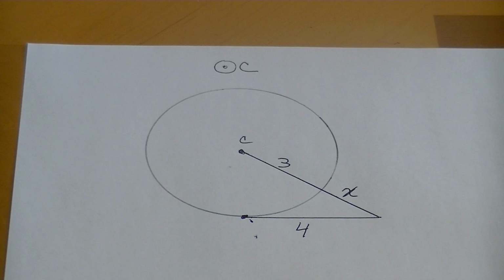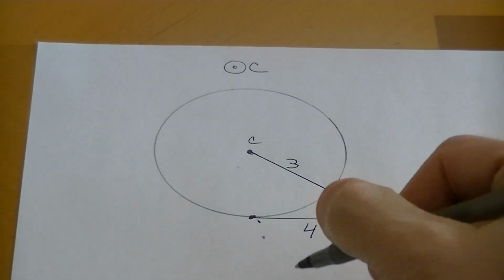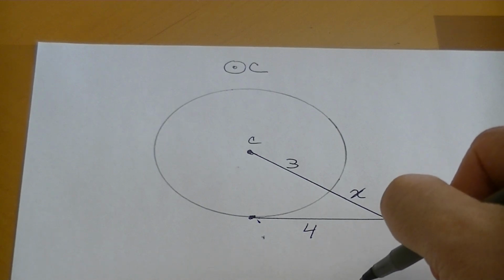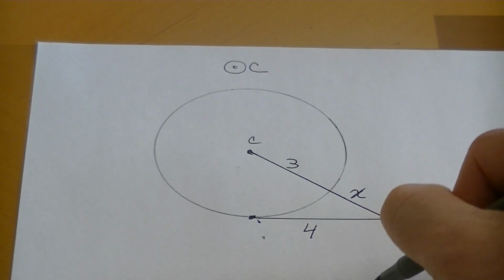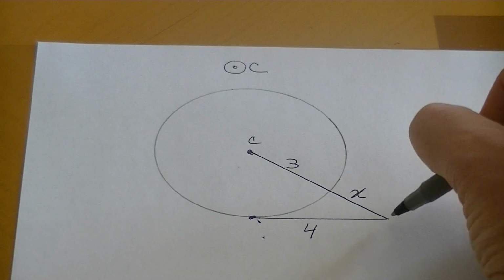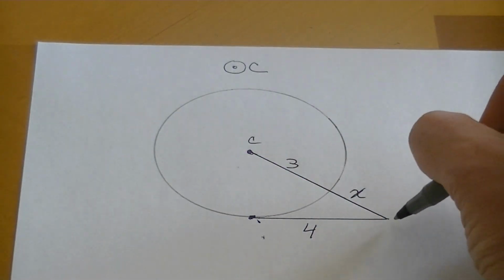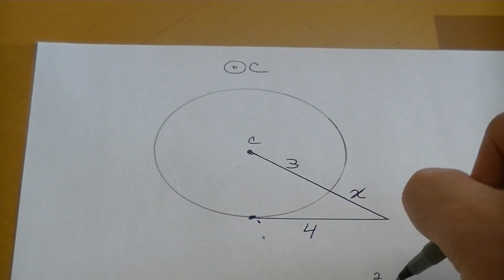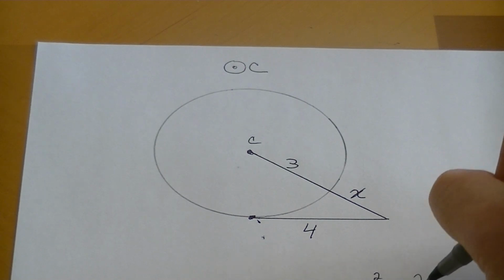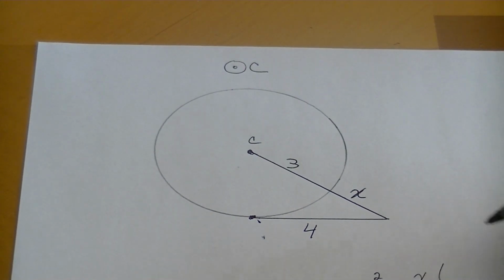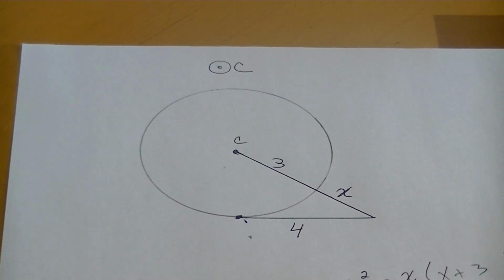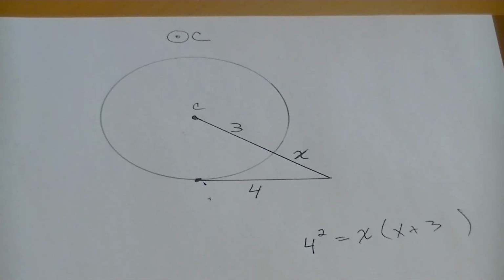So I made this last one because a common mistake I see students do is this. They'll say the part on the outside times the whole thing, so that's tangent, so 4 squared, equals the part on the outside times the whole thing, and they write x plus 3. And that is going to get you the wrong answer.